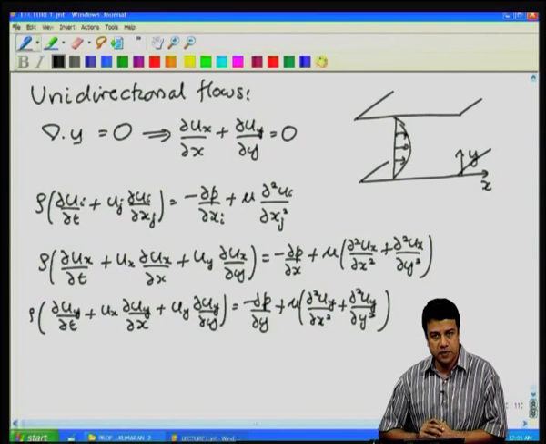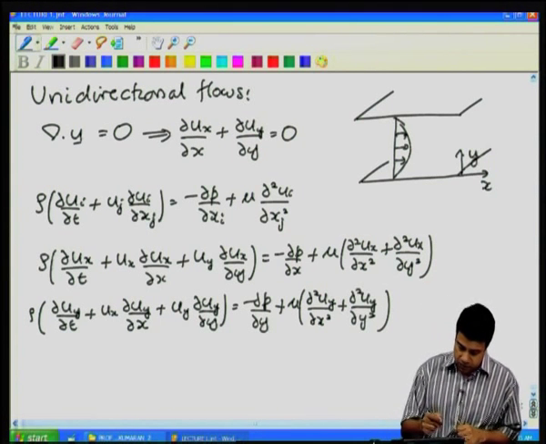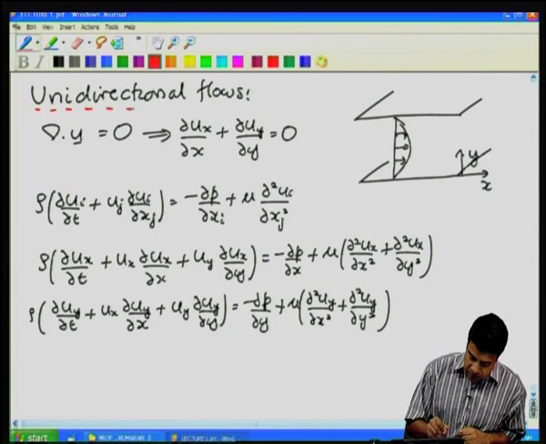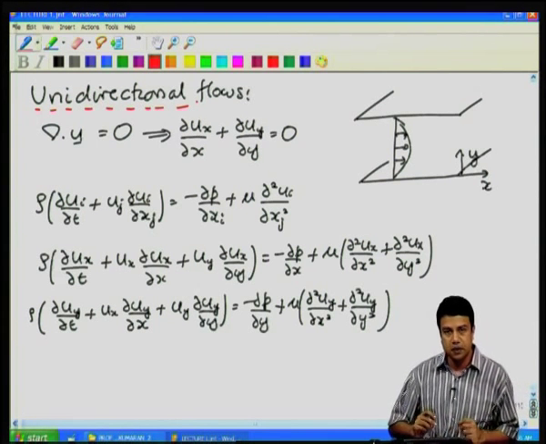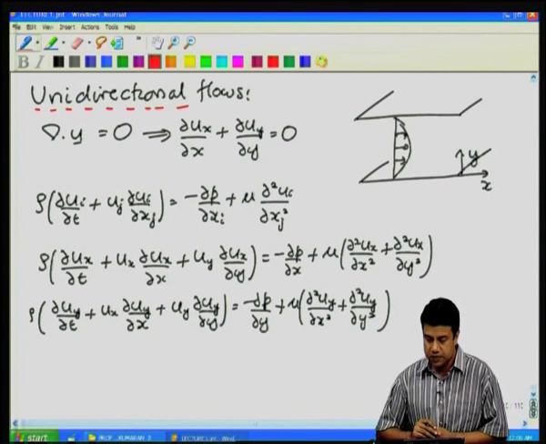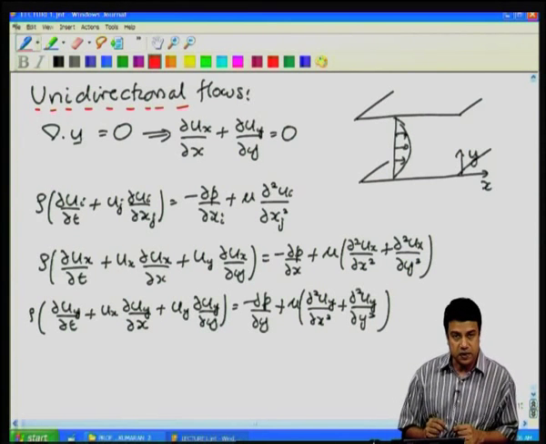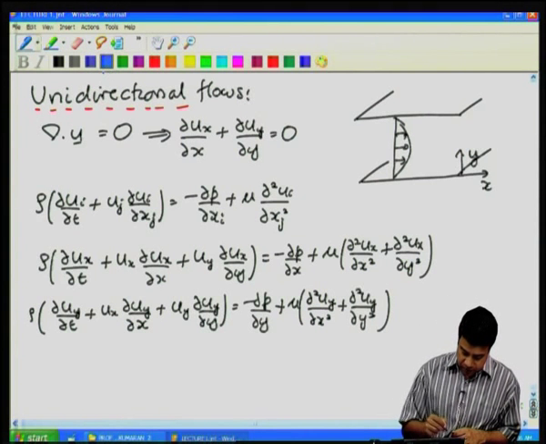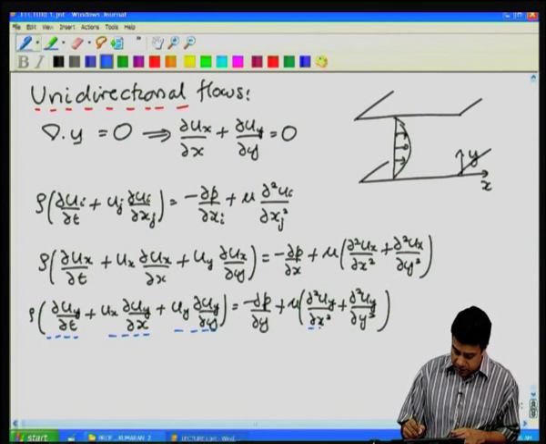Now, for this two-dimensional coordinate system, if the flow is unidirectional, that means that u y is equal to 0, flows only in the x direction. So, if u y is equal to 0 and flows only in the x direction, that means that in this equation, as you can see, in the y momentum conservation equation, each term has u y in it.